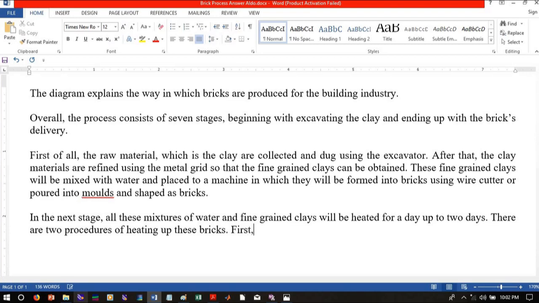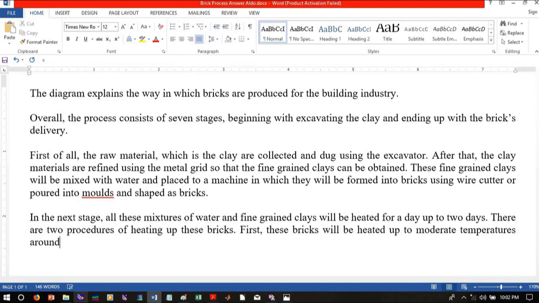First, these bricks will be heated up to moderate temperatures, around 200 up to 900 degrees Celsius.